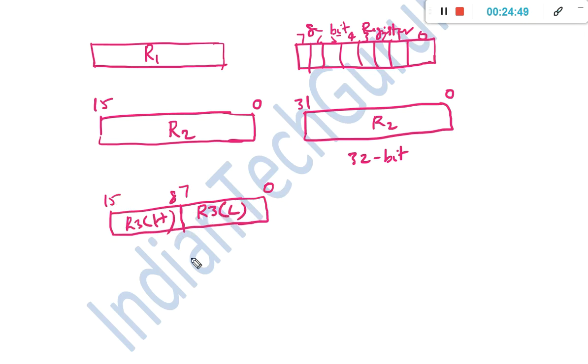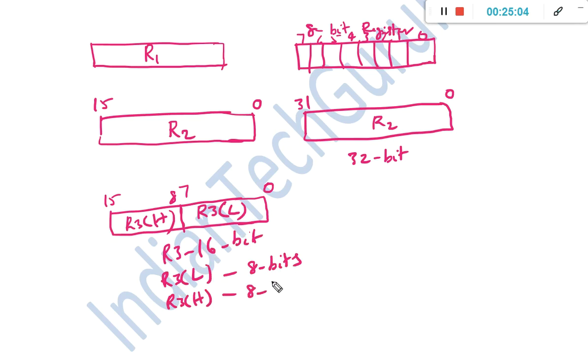The entire register R3 is a 16-bit register in which R3 low is going to occupy 8 bits, and R3 high is going to occupy another 8 bits. So like this we are going to represent a particular register. This is the naming convention and diagrammatic convention to represent a register.